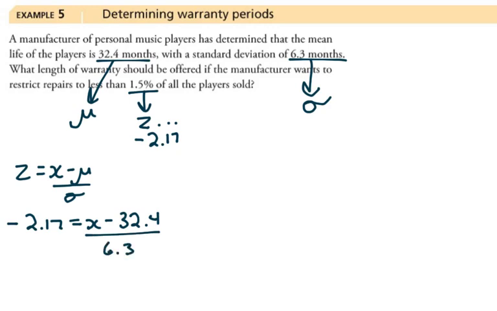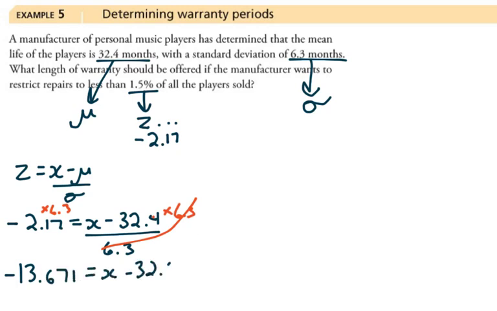Standard deviation 6.3. First step, we'll multiply both sides by 6.3. Cancels that. Negative 13.671 is what we get on the left.